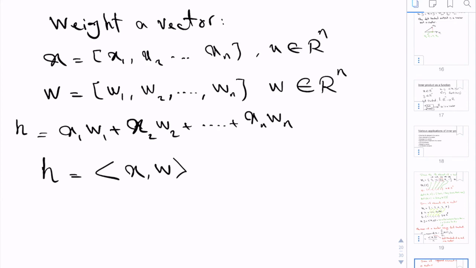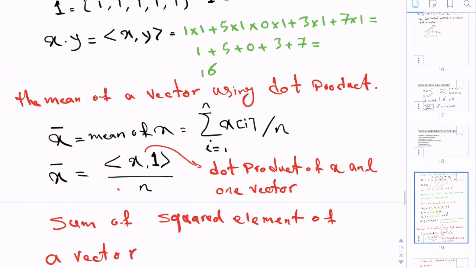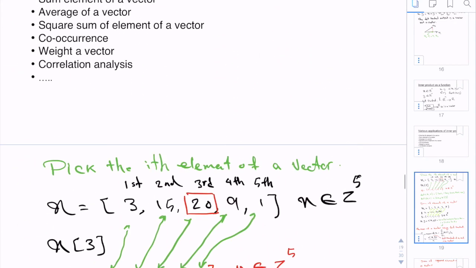This is how we do the weighting. We also use the dot product for correlation analysis, because correlation needs knowledge of the norm of a vector. I will talk about correlation analysis in detail when we talk about the norm and the absolute value of a vector.